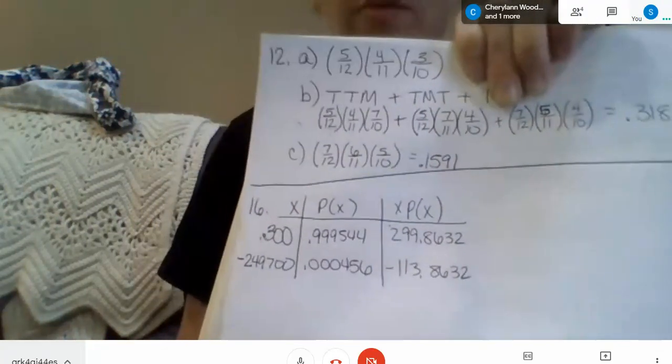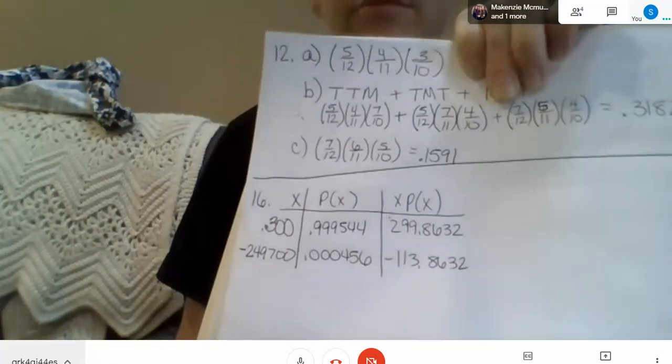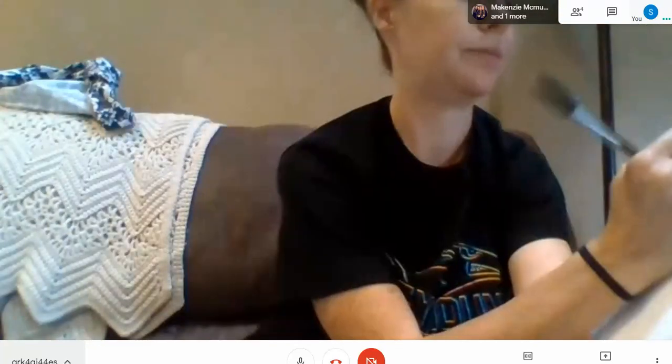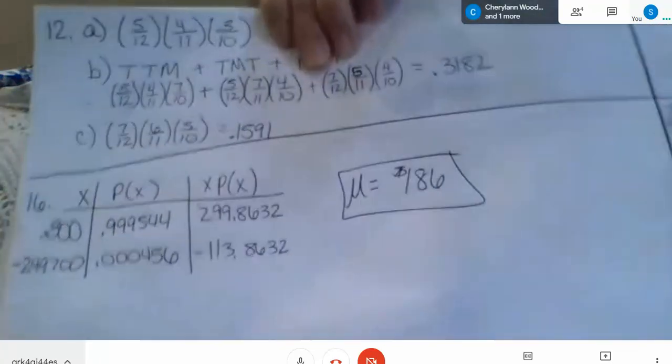And then what do we do for the mean? Add them together. So if you do that, you get an expected value of $186.